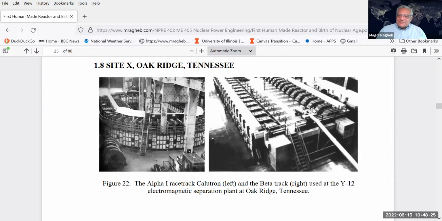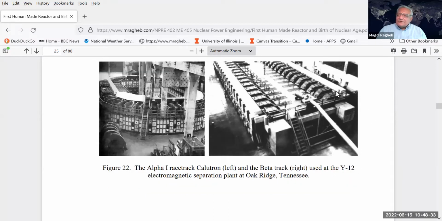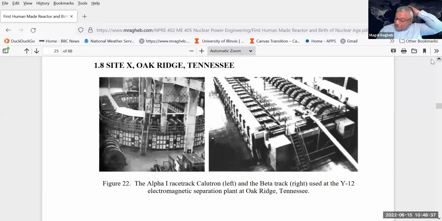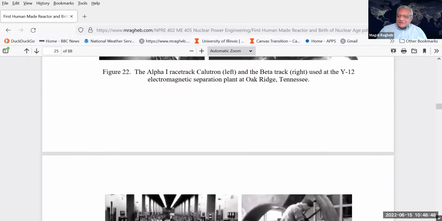Those two processes produced only gram quantities of uranium-235, but General Leslie Groves kept the process going to mislead the Russians. In his memoirs, he calls it a white elephant, just to direct the Russians who were spying on the process in the wrong direction.